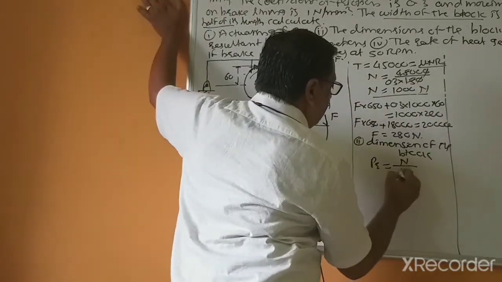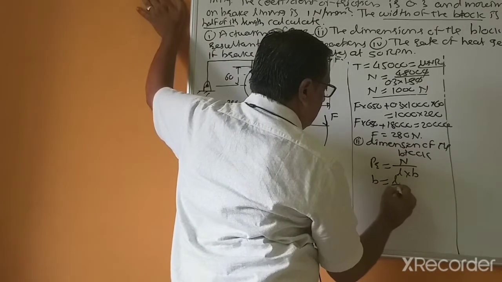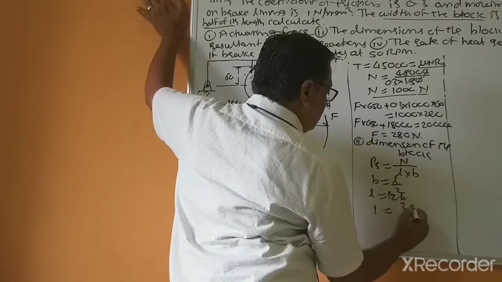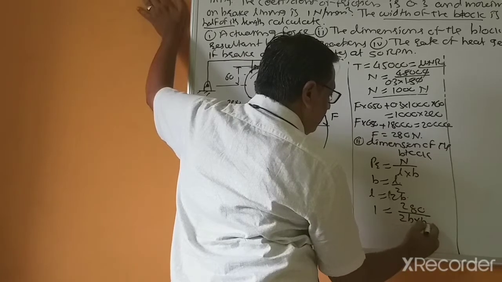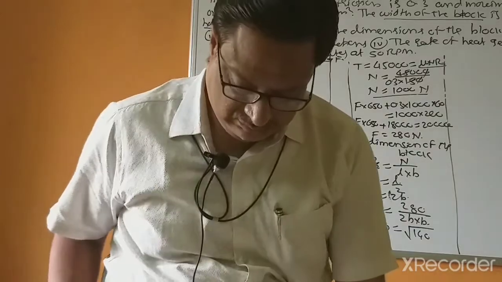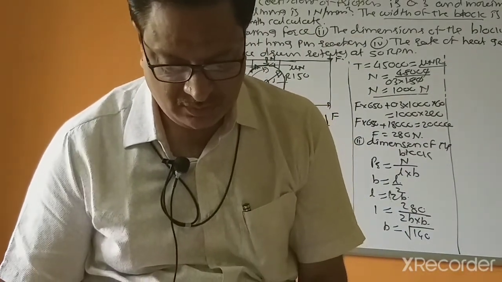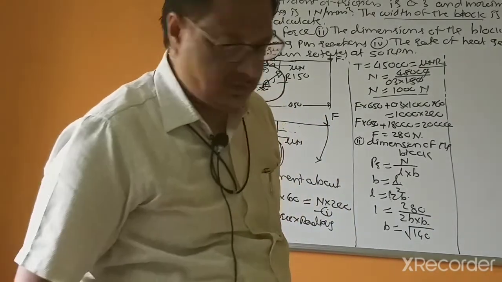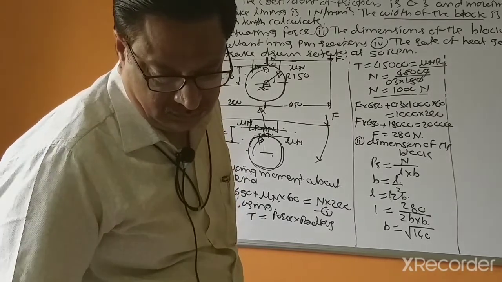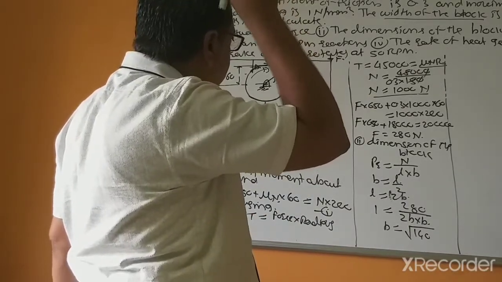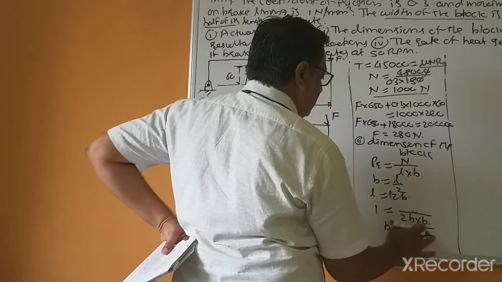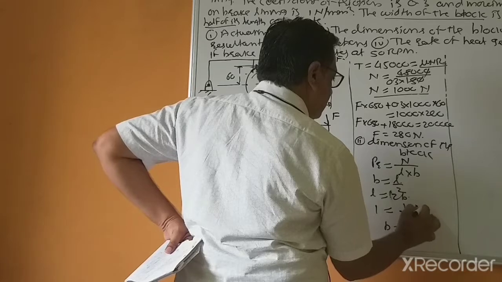So area is length into B, and the relation is B equal to L by 2, so L equals 2B. Pressure is 1 equals force divided by 2B into B. Again we made a mistake here: this is not 280, because this is the normal force, N equals 1000.